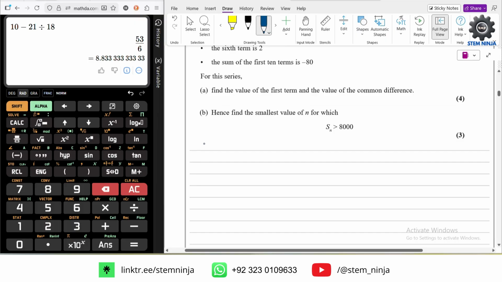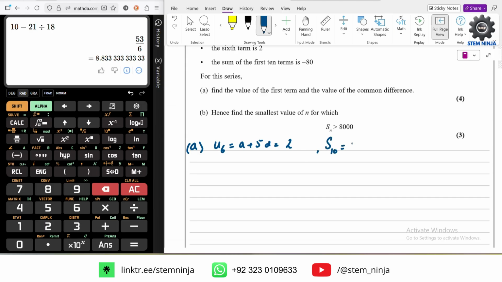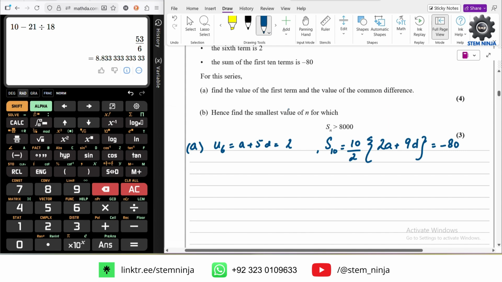Okay, so basically the sixth term, that means a plus 5d, that is 2, and sum of the first 10 terms, which can be written as 10 over 2, 2a plus 9d, this is equal to negative 80. Okay, so a and d are the unknowns, so we need to find them.